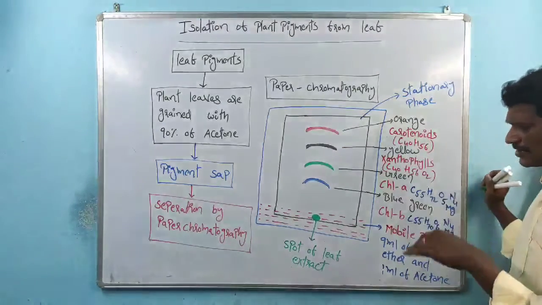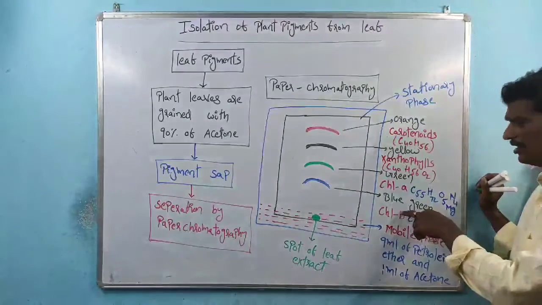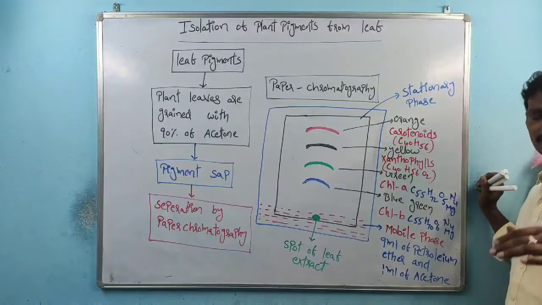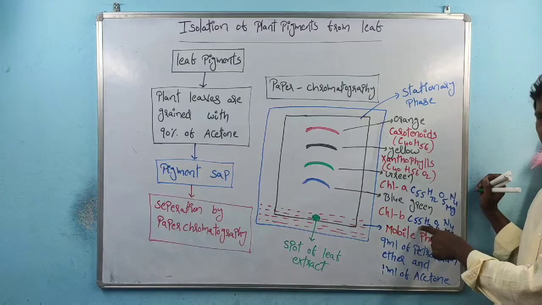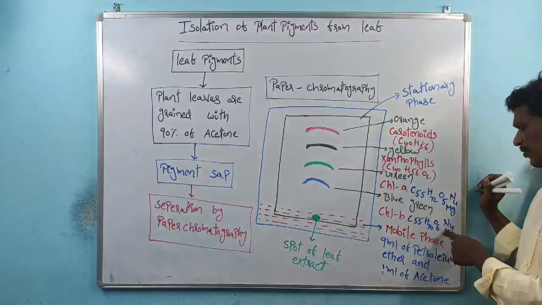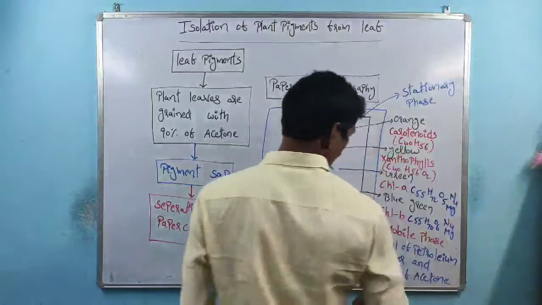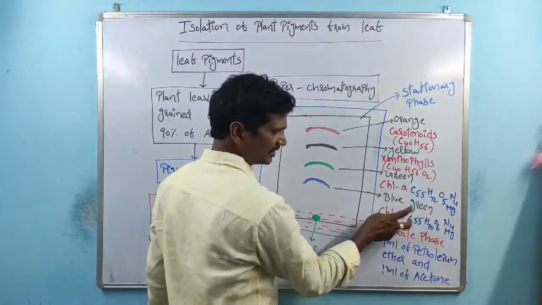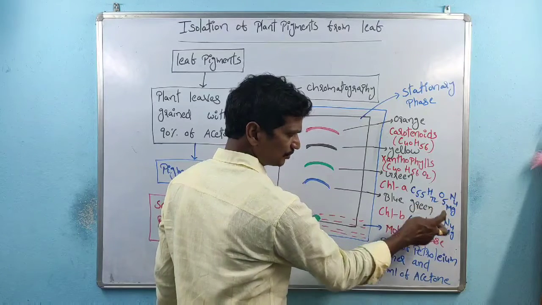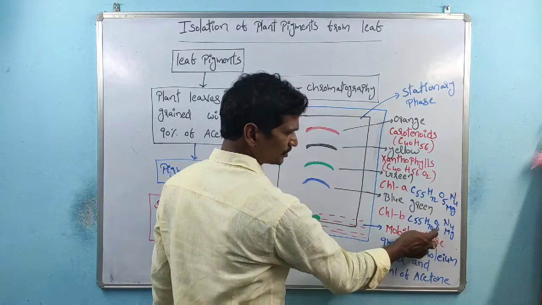Coming to the last band, the bottom band, the band color is blue-green. That is chlorophyll B. Its components are C55H70O6N4Mg. If we observe the differences between chlorophyll A and chlorophyll B, here H72, here H70, here O5, here O6.